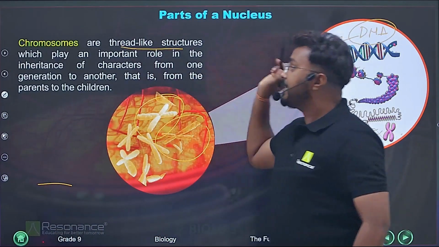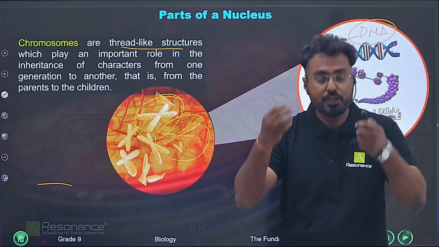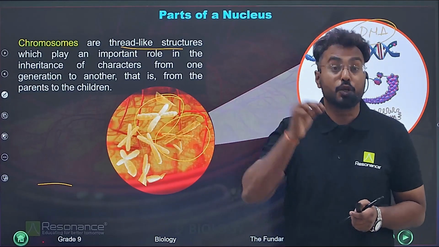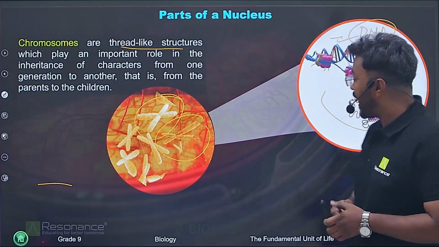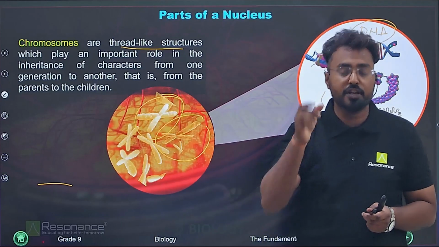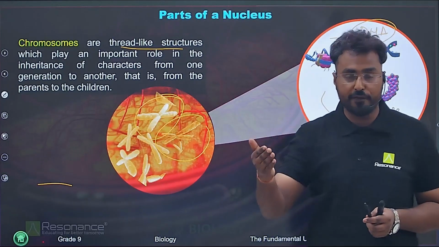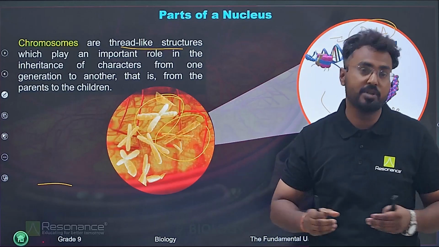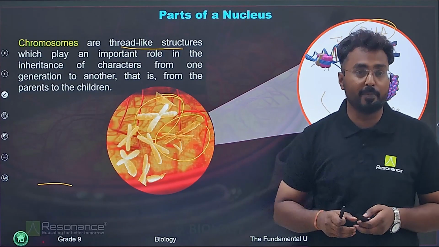Chromosomes are thread-like structures which play a very important role in the inheritance of characteristics from the parents to the offspring, and when you unwind it, you will get the DNA. Its major function is to transfer the characteristics from the parents to the offspring. It contains all the genetic information in code, how an organism will look and how its functions will be done.